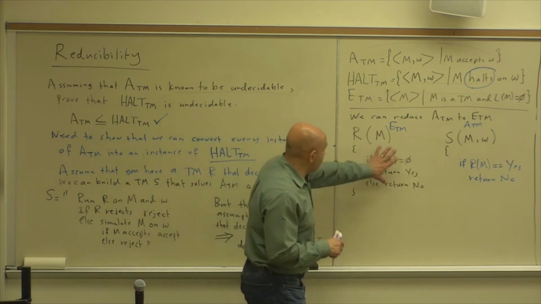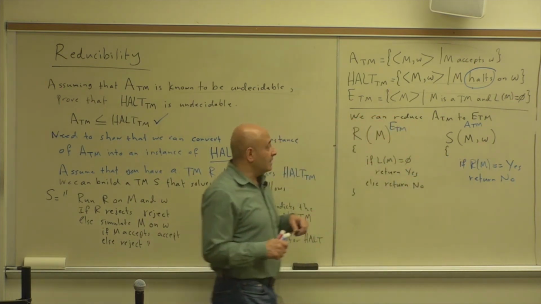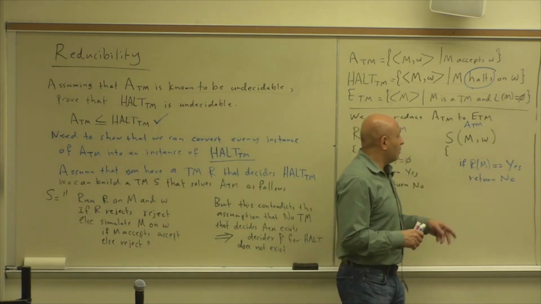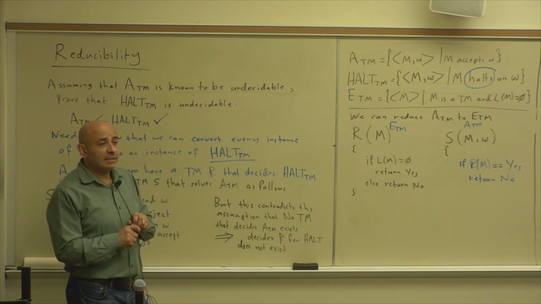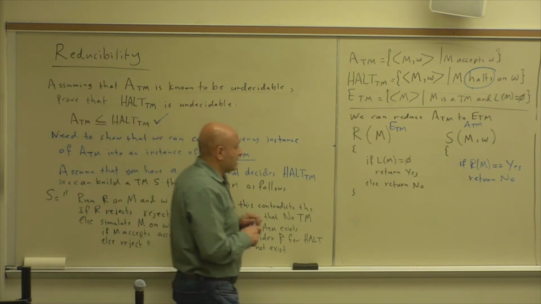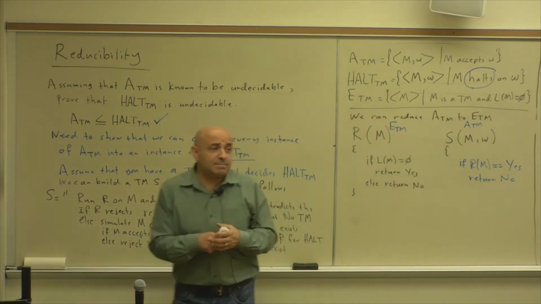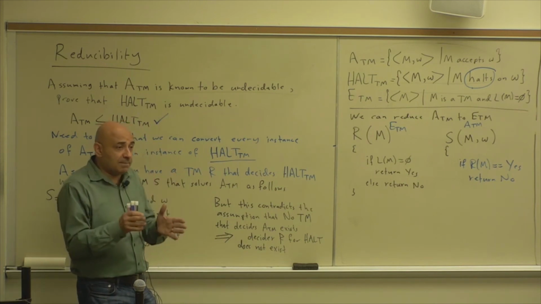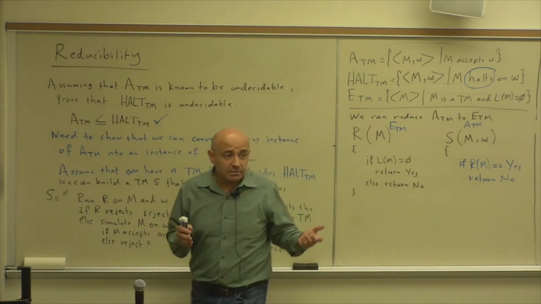So if this magical machine tells us that this M rejects everything, then it will reject W. But if it tells us no, does this help us determine if M accepts or rejects W? No, it will not. It just says M accepts some strings, and W can be one of those strings that M accepts, or it cannot.